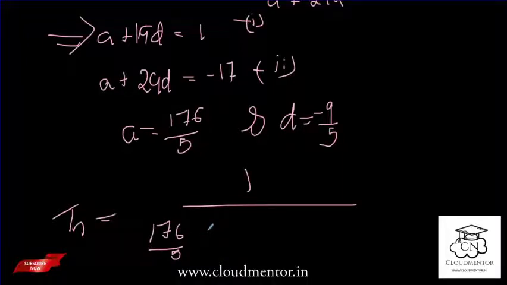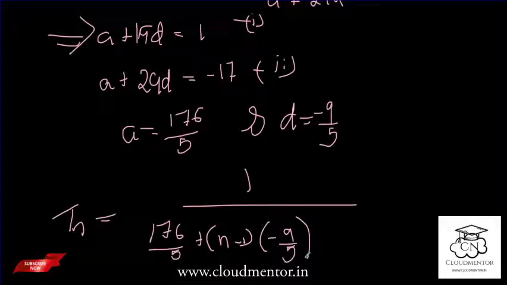So we are applying that here. So we got 5 by (185 minus 9n).